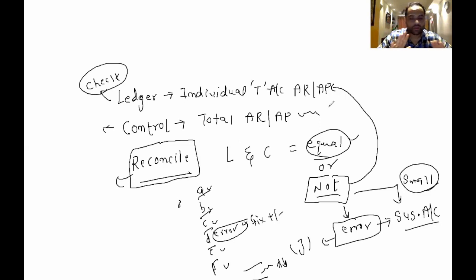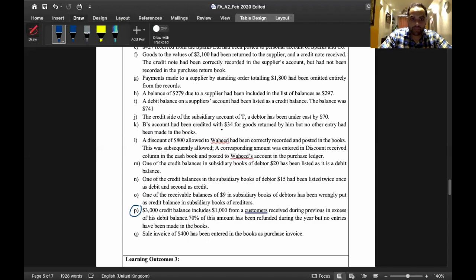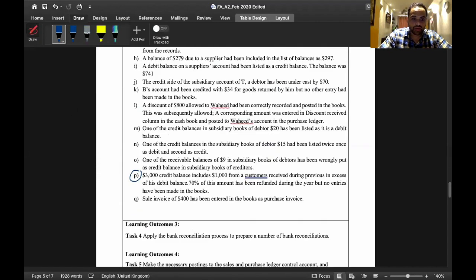In your assignments, you just have to prepare control accounts. The T accounts are already prepared, and we found the mistakes. These are the mistakes already in your assignments, A to Q. We found these kinds of transactions which have a problem or which may not have a problem.